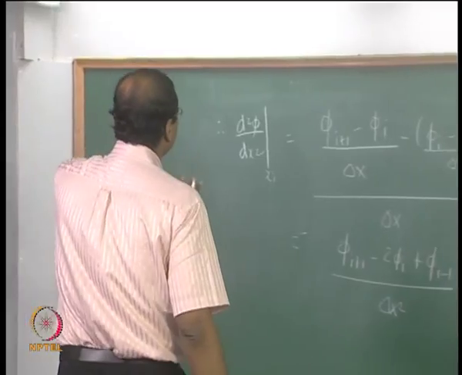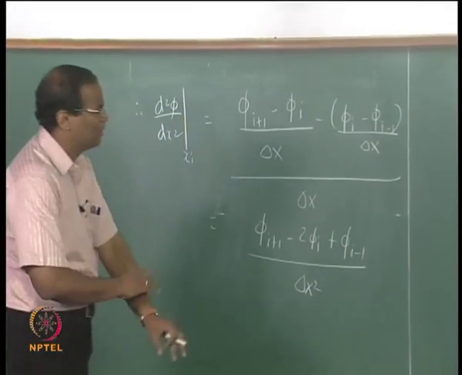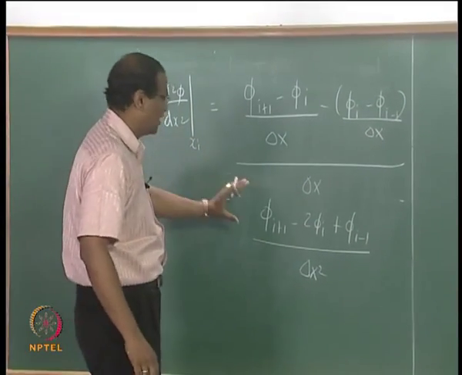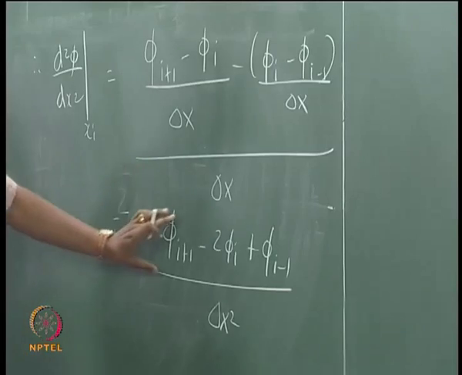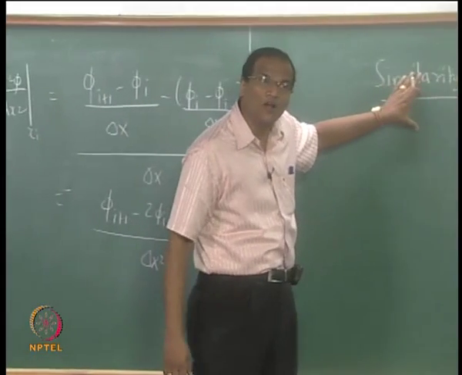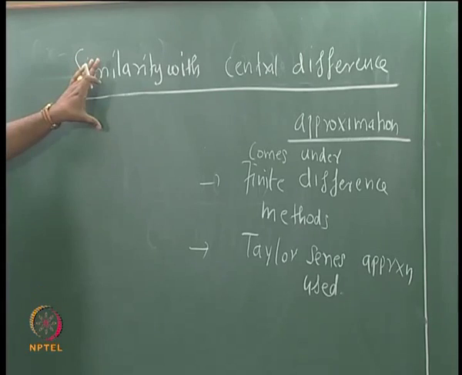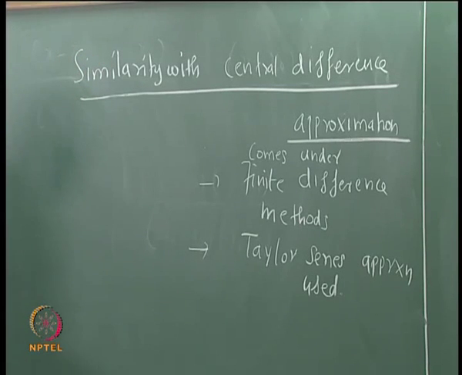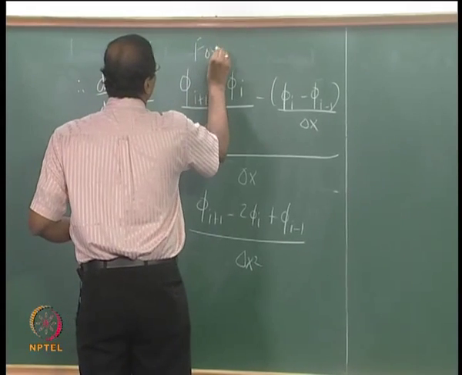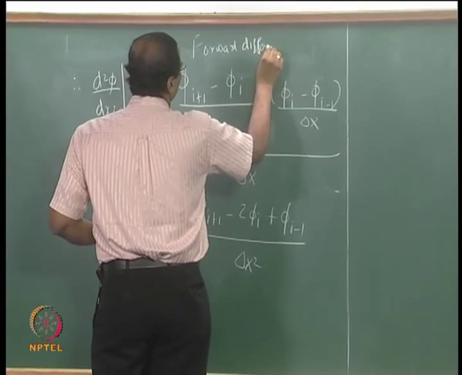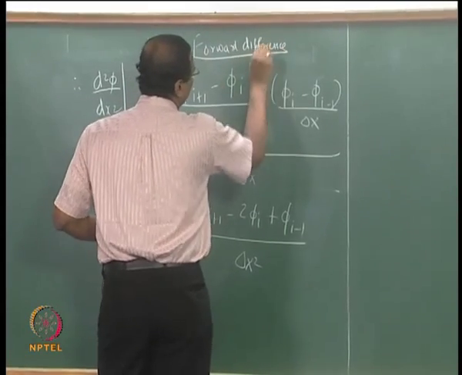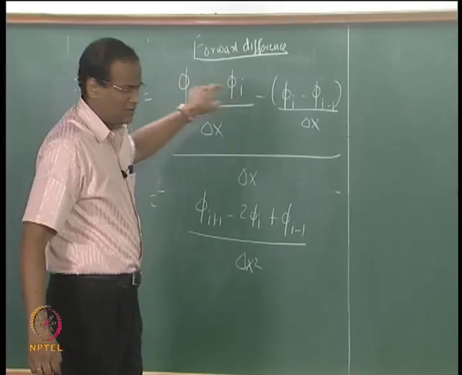So in this class I have given a simple demonstration that the Lagrange interpolation formula, if you take the second derivative, gives the same as what you would have got using a Taylor series approximation with central difference. So what is this? This is called the forward difference. This is the backward difference, right?